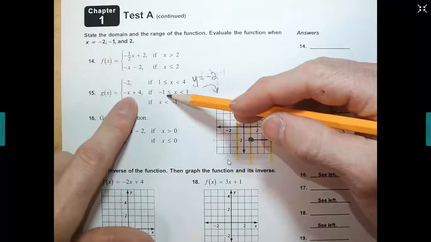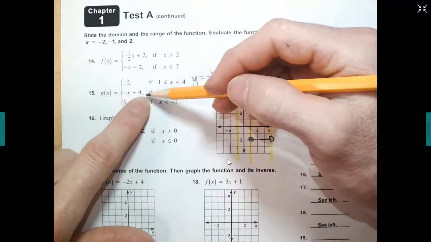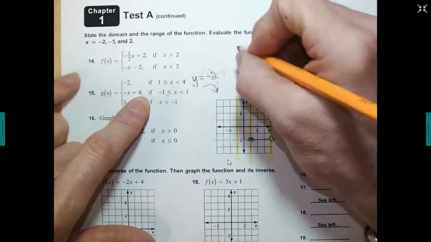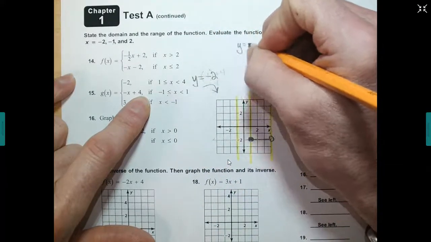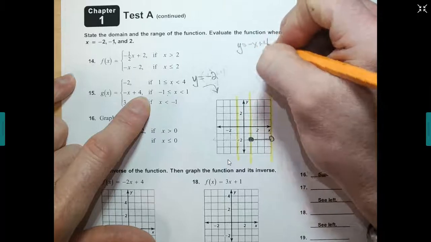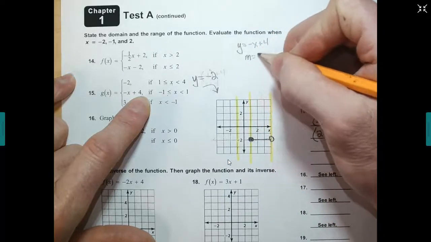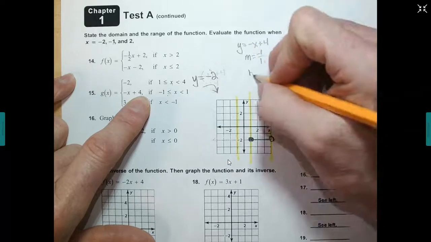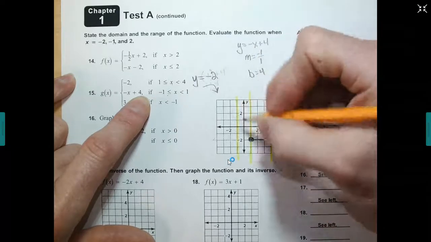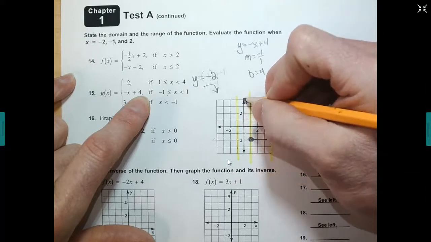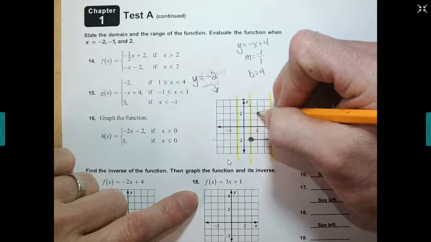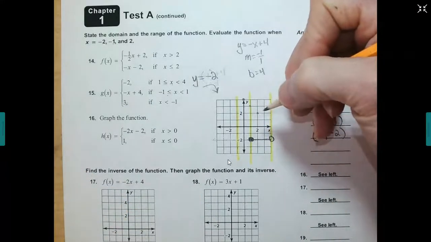Okay, now I have negative x plus 4. So y equals negative x plus 4. My slope is negative 1 over 1, it's negative 1. My y-intercept is 4. 1, 2, 3, 4. So there's my y-intercept, and then I go down 1 over 1, down 1 over 1. So there's my negative slope.